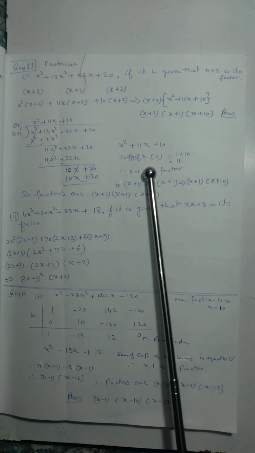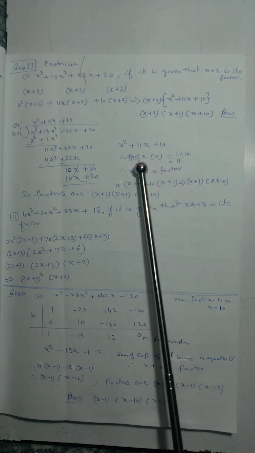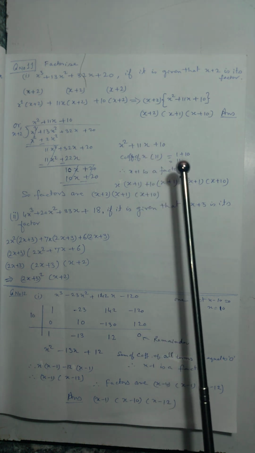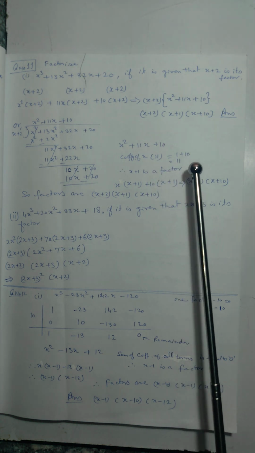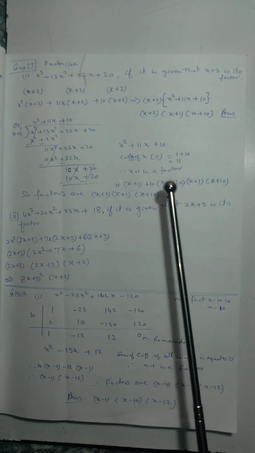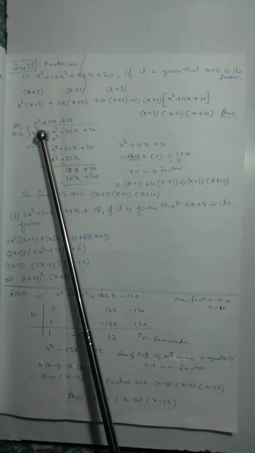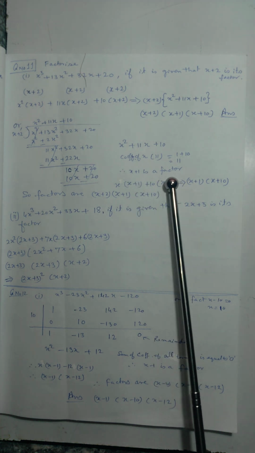So I told you, when the sum of the coefficients of the odd powers of x is equal to the sum of the coefficients of the rest of the terms, at that time x plus 1 will be one factor. So you should be very much aware of this, that x plus 1 will also be one of the factors.